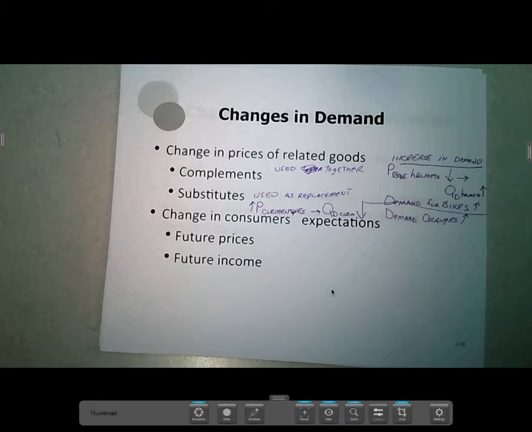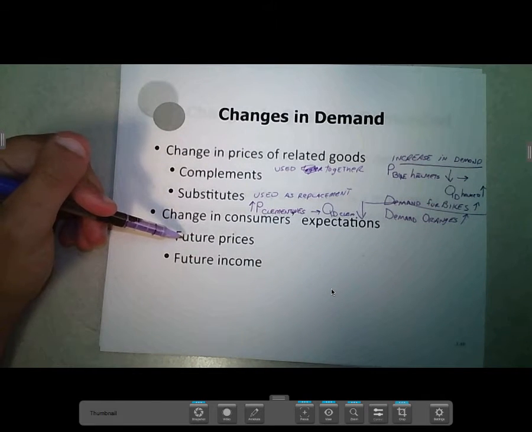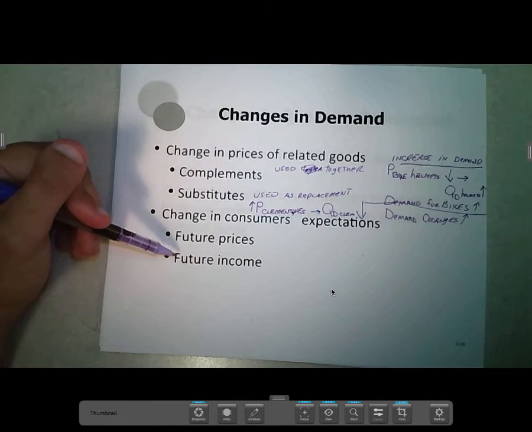And then, for my changes in consumer expectations, I could say that people will buy more or less depending on how they think the future price will be, or depending on what they think their future income will be.